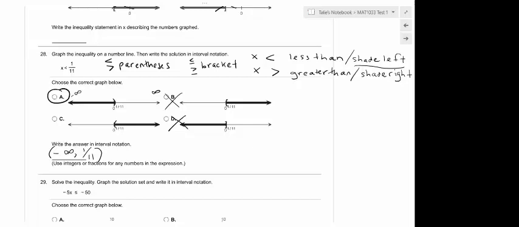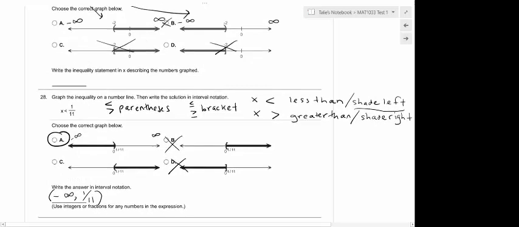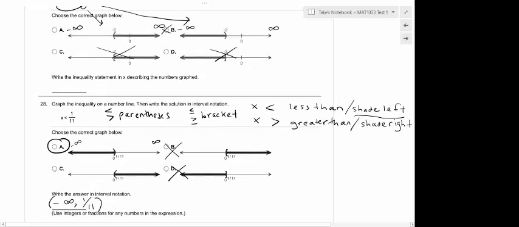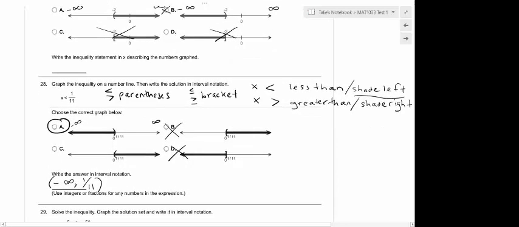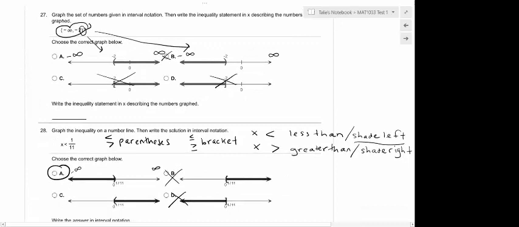I just realized I skipped part of 27, so I'm sorry about that. 27 also asked us to write the inequality, so the opposite. In 28, we started with the inequality and wrote it in interval notation. 27 asked us to start with interval notation and write the inequality. We determined that the answer was A, but we didn't write it as an inequality.